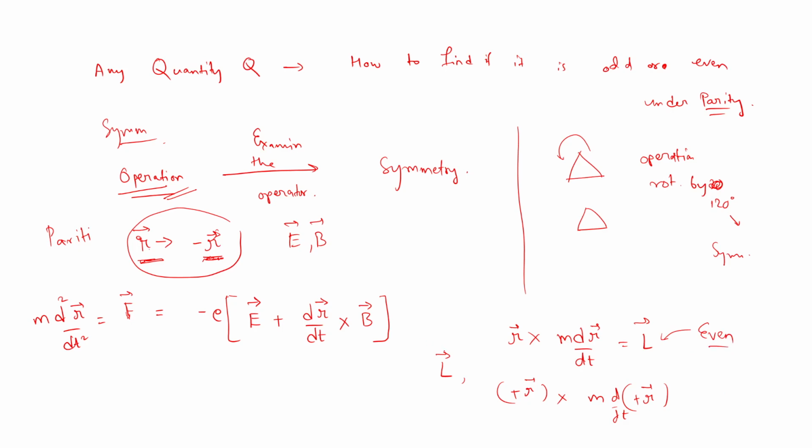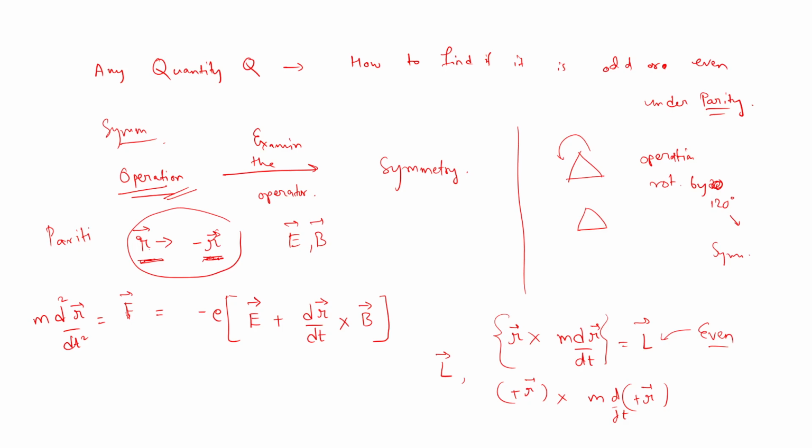Or you can think of any other quantity, some other complicated function, anything. You have to change r to minus r and check for parity. Does it depend on the power of R also?